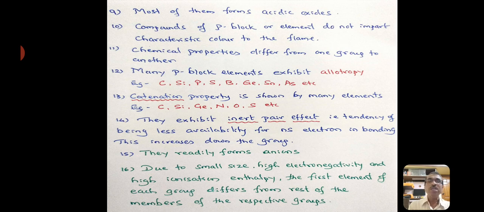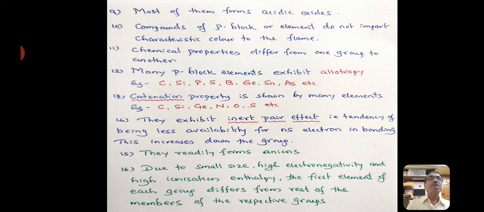But the non-metals of the p block elements do not exhibit any color to the flame, because they are all covalently bonded compounds. Chemical properties of p block elements differ from one group to another.